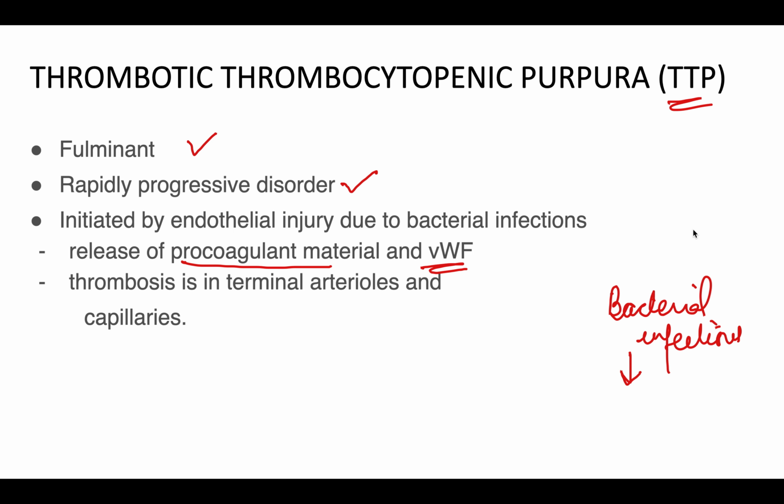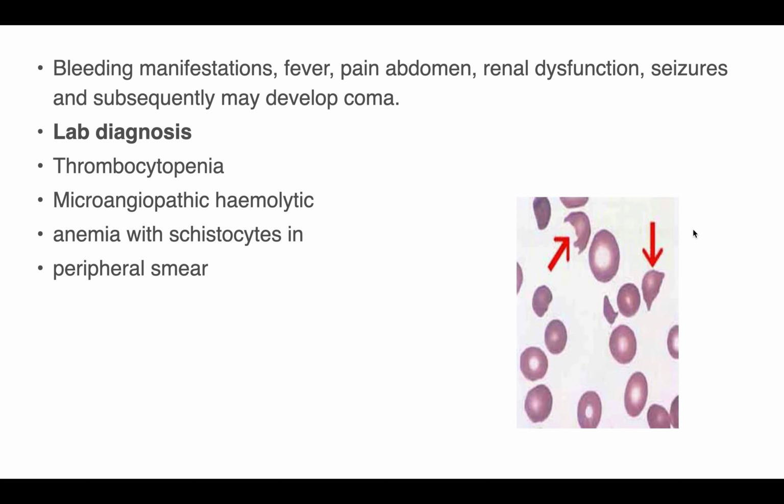Because of the release of this material there is thrombosis, and because of thrombosis there is thrombocytopenia. So the patient will have manifestations of bleeding, and features of sepsis, fever, abdominal pain, and renal dysfunction. So these can also be seen.